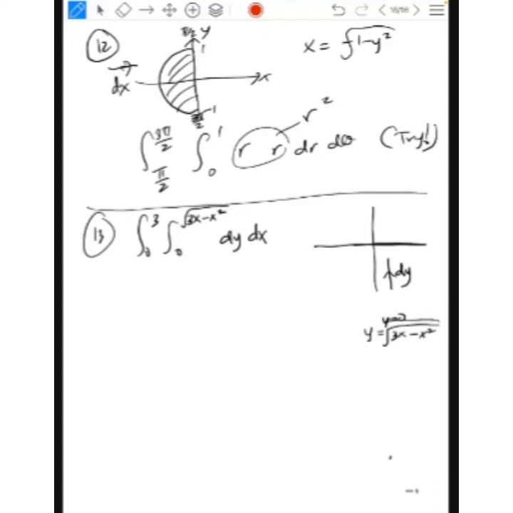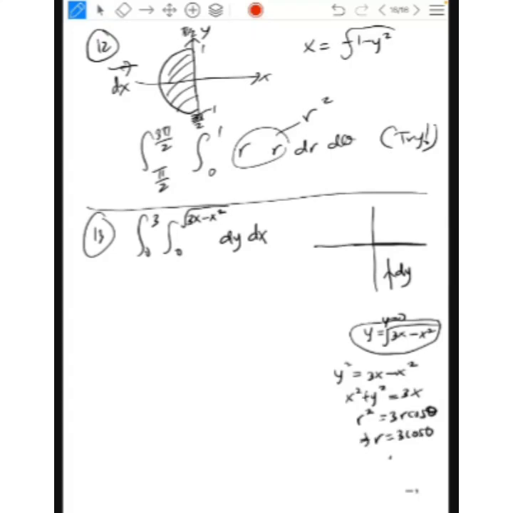What is this? This equation will become y squared equals to 3x minus x squared, or x squared plus y squared equals to 3x. Okay, if I change to polar, I will get r squared equals to 3r cos theta, right? x is r cos theta. Or I will have r equals to 3 cos theta.